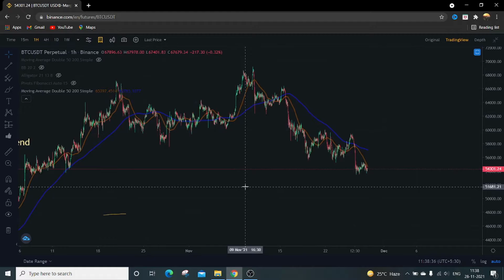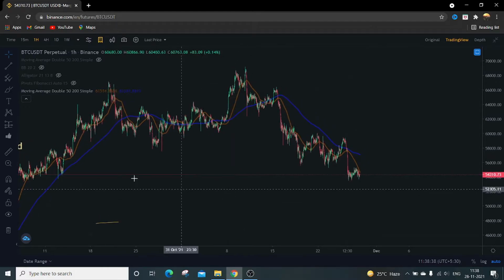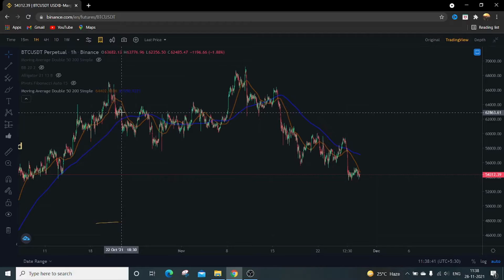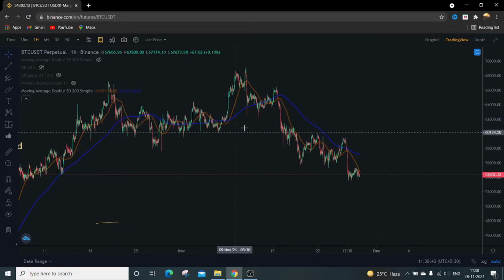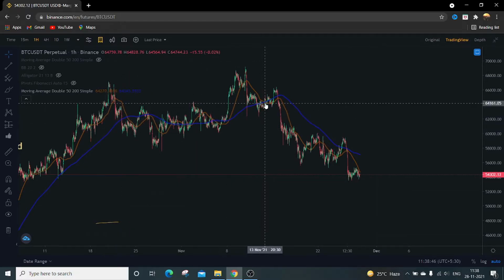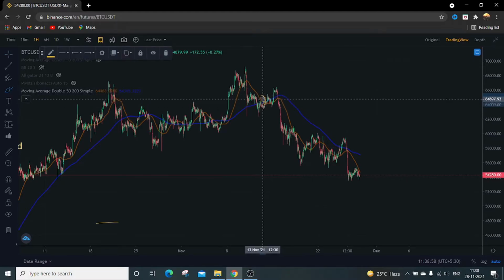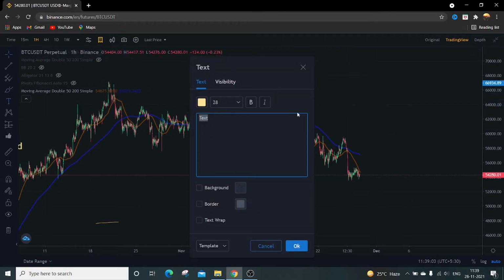Moving on to the next part, how to identify the downtrend. It is when the 50 simple moving average line crosses the 200 moving average line in the downward direction. At this point you can see it is crossing and moving downward. This point is called the death cross.